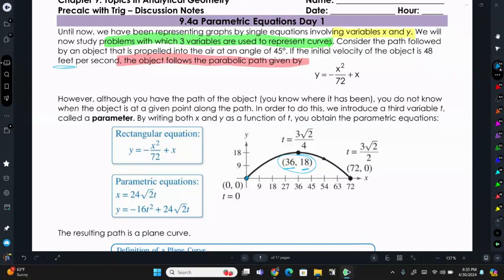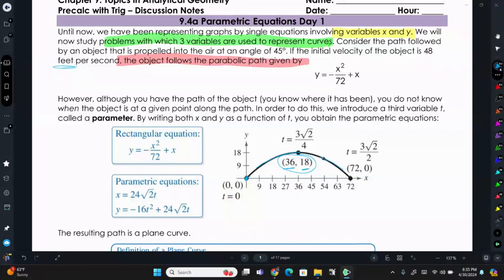Now, we've had some situations before where we are told that x is time and y is the height, and that's different than what we're being told right now. We're being told that this is the path that the object follows. It starts here, it gets shot up, it reaches that vertex when it's 36 feet away, and it reaches a height of 18 feet.